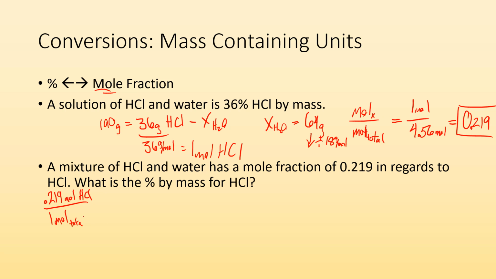Well, I can do the math: if 1 is 0.219 moles of HCl plus some number of moles of H2O, let me just do the math. I get moles of H2O equals 0.7. Oh, that's not a 7. That's the next number, 0.781. Right?